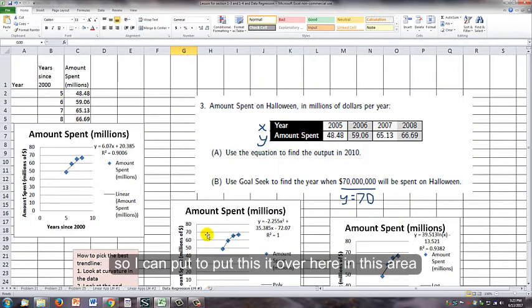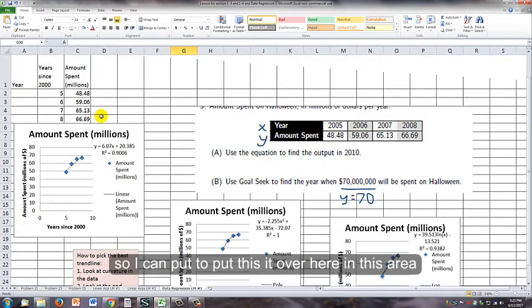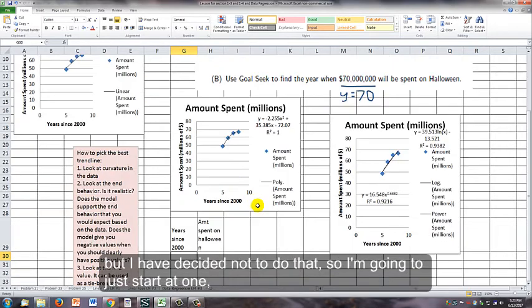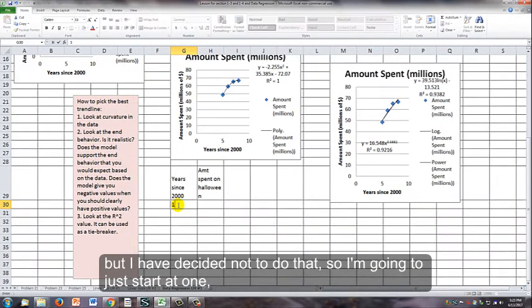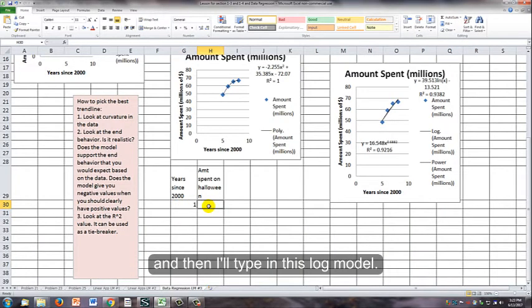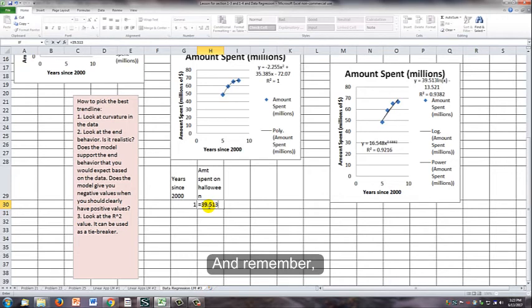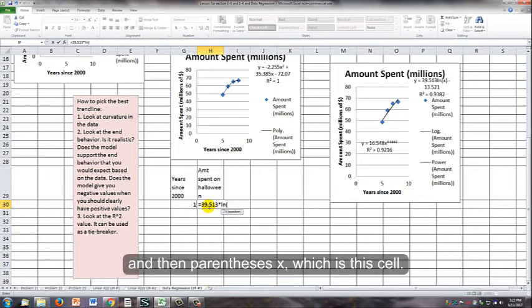So I can put this over here in this area, but I have decided not to do that. So I'm going to just start at 1, and then I'll type in this log model. And remember, natural log, you just type in ln and then parentheses x, which is this cell.